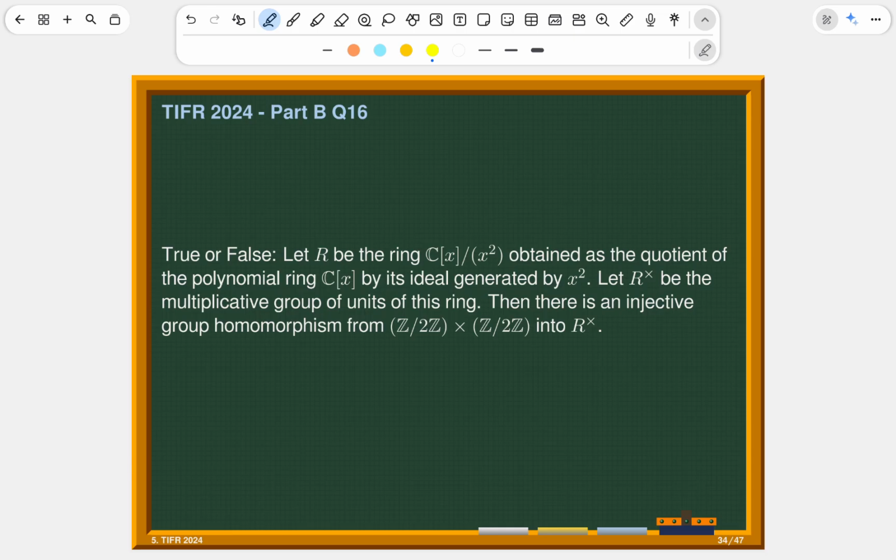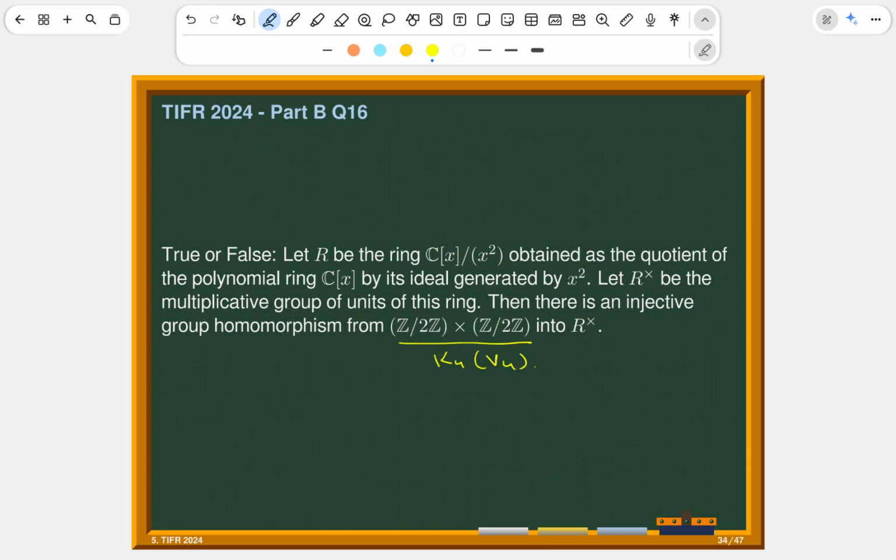Okay. So first of all, this group is nothing but the Klein 4 group K4, also sometimes written as V4. So what I need to see is whether R cross, the collection of all units in C[x] mod x square, actually contains a subgroup which is isomorphic to V4.